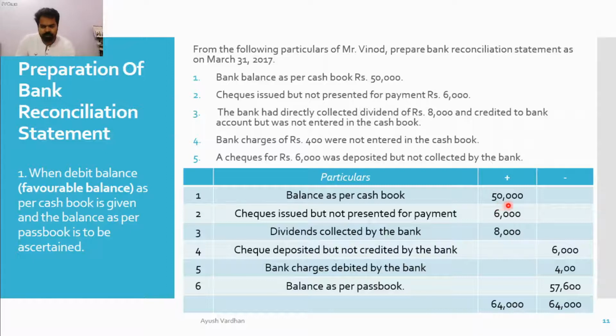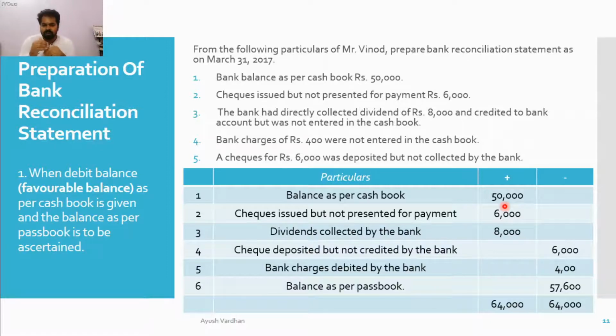Okay, but that is not presented in the bank side. That entry is not made by the bank, just because the bank doesn't know that you have issued a check or not. The bank knows about that once Mr. Ram comes to the bank with the check and asks the bank person, I have this check given by Mr. Vinod, so give me the payment of 6,000 rupees now.